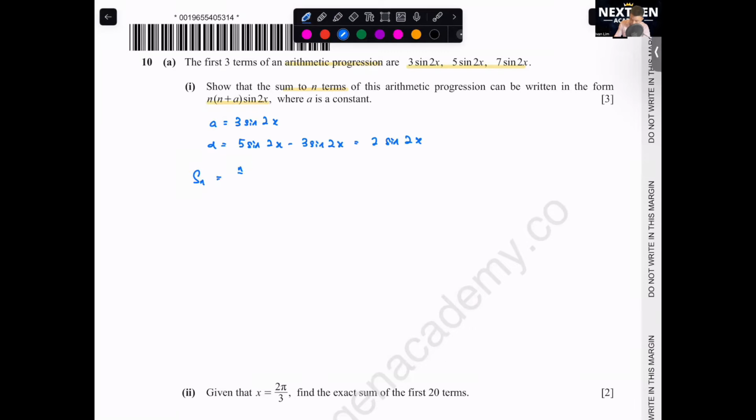Okay, what is the formula? n over 2, 2a plus n minus 1 d. If you ever forget, just refer to page 2, the formula sheet. Substitute inside here: n over 2, 2 times 3 sine 2x plus n minus 1 times 2 sine 2x. We want the form that's given to us. What I can do here is take away the common factor 2 first, and divide the 2 with the outside.